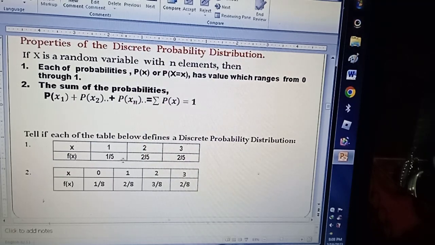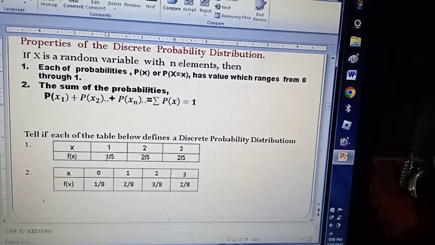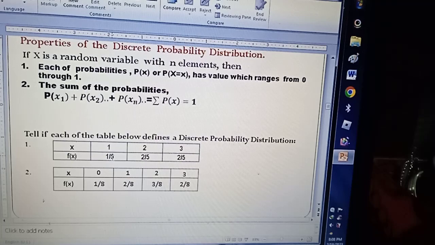You go to the probability and check whether it is between 0 through 1. Okay, so 1/5 is less than 1 but greater than 0. 2/5 is less than 1 but greater than 0.